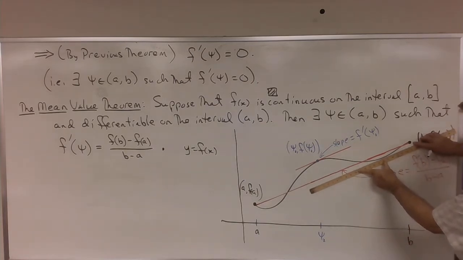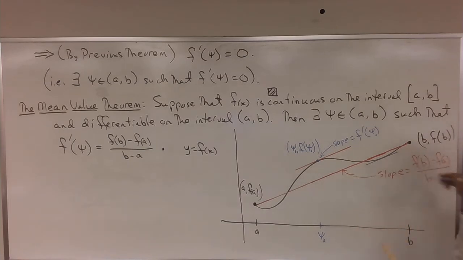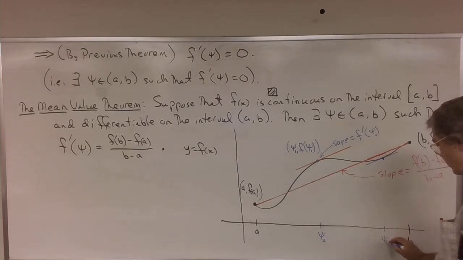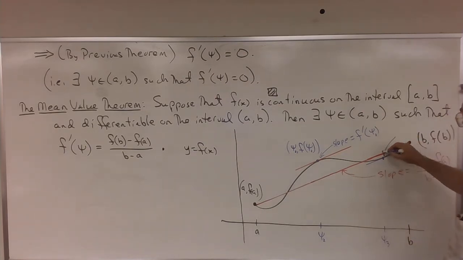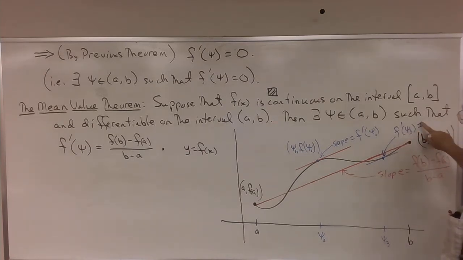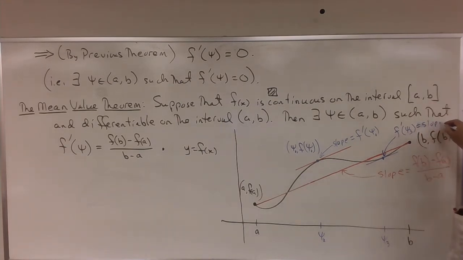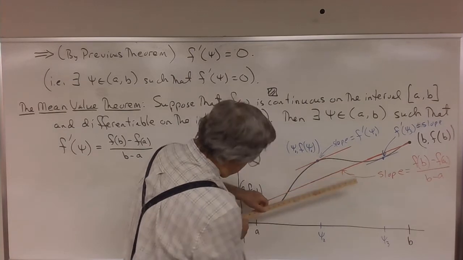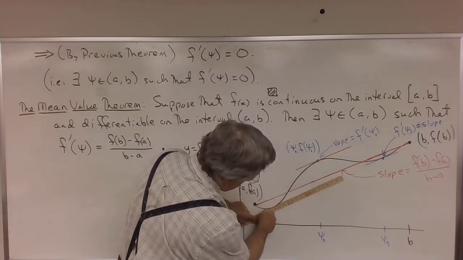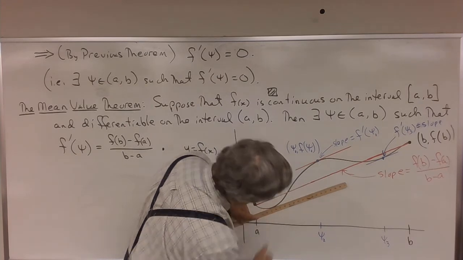For example, what about right here? Yeah, those two lines are parallel. So, right there, f prime of psi 3 is equal to this mess as well. And right here, same thing.